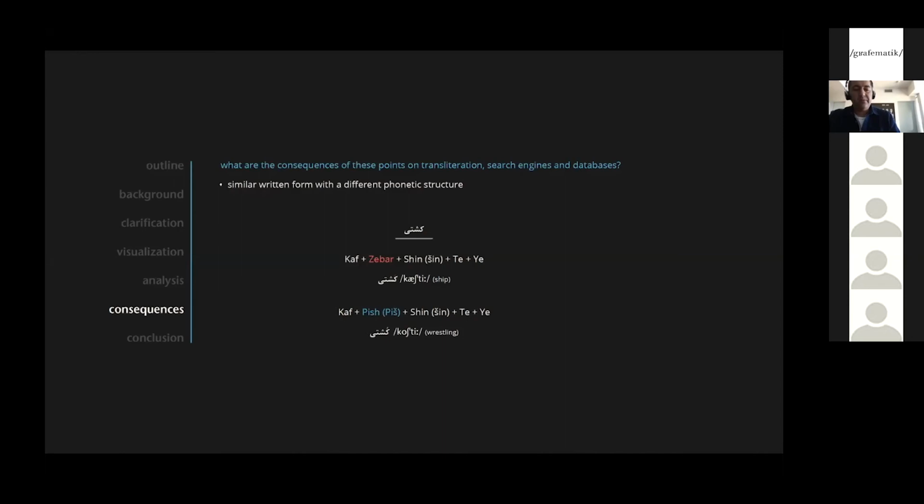This word could be pronounced in two different ways with two distinct meanings. The short vowel in kaf plus a short vowel plus shin plus te plus ye could be either zabar or pish and makes the word kashti or kushti. The first one means ship and the second one wrestling.